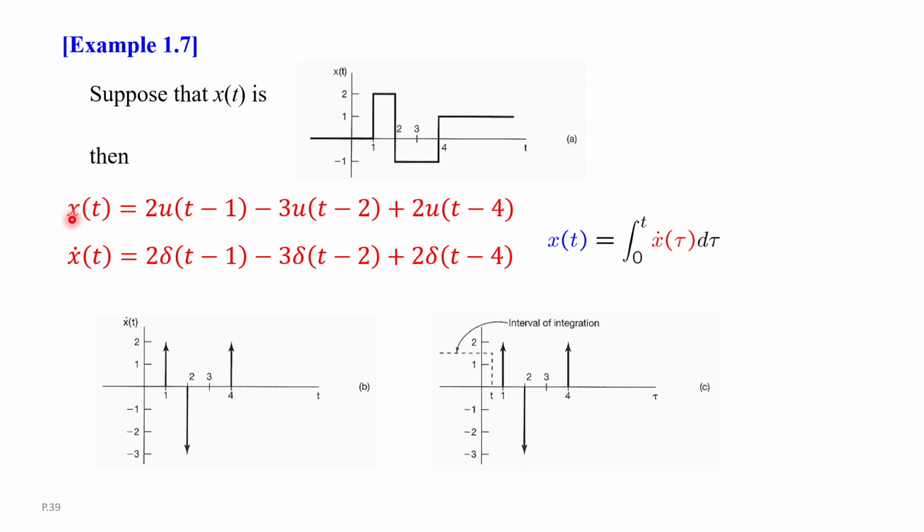Anyway, you write down your function as a sum of unit steps. Then you do differentiation one by one, and all those unit steps become delta functions. So you have 3 delta functions, at t equal to 1, t equal to 2, t equal to 4. Any question?